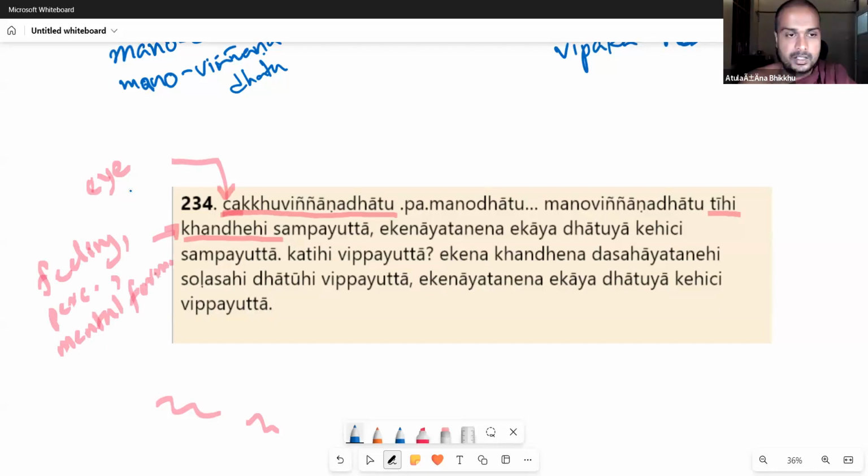Those are the three aggregates which the eye base is associated with.